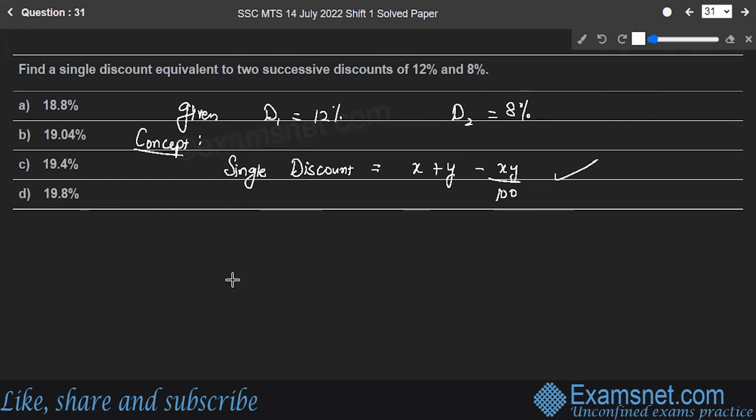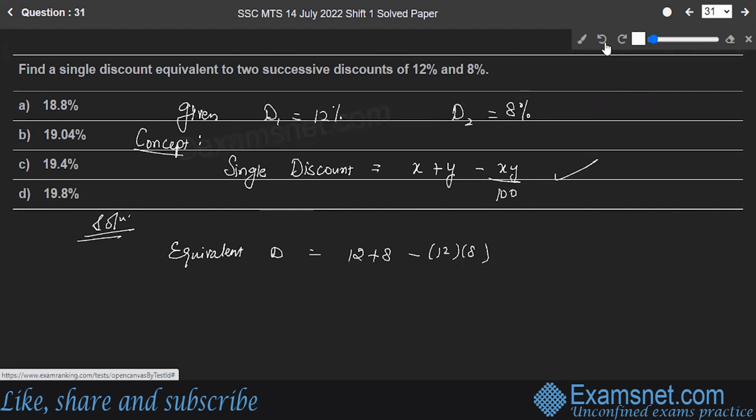So do remember this formula. Okay, let's go with the solution. So the equivalent or single discount is equal to 12 plus 8 minus 12 multiplied by 8 over 100.